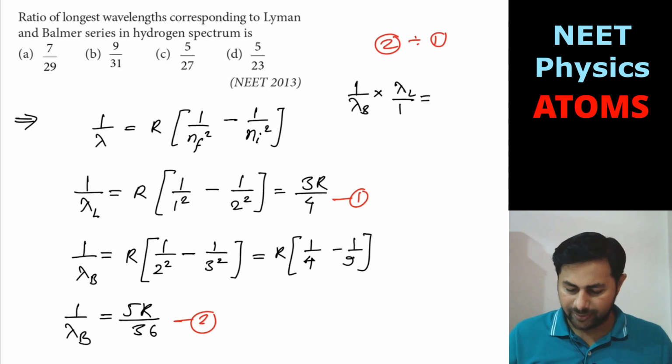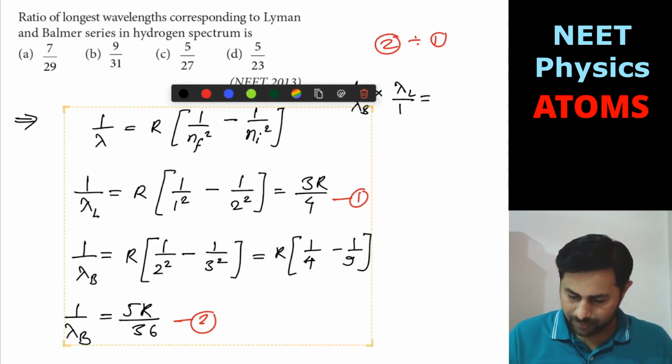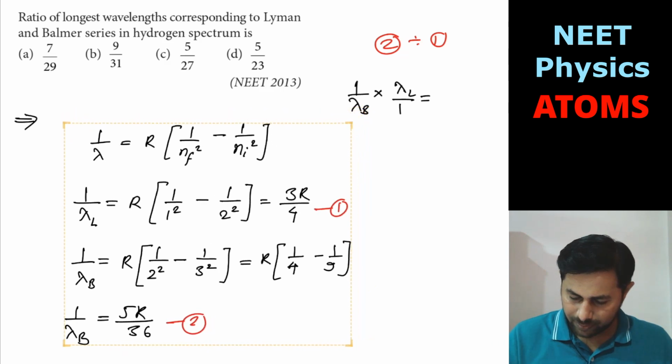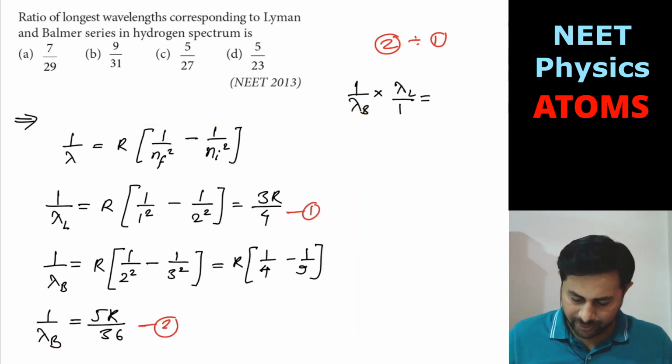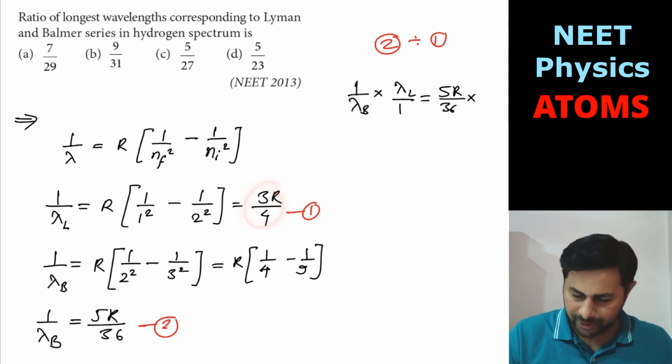And on the right hand side, what do you have? You have this thing, 5r by 36, and then dividing by this one is multiplying by its reciprocal.